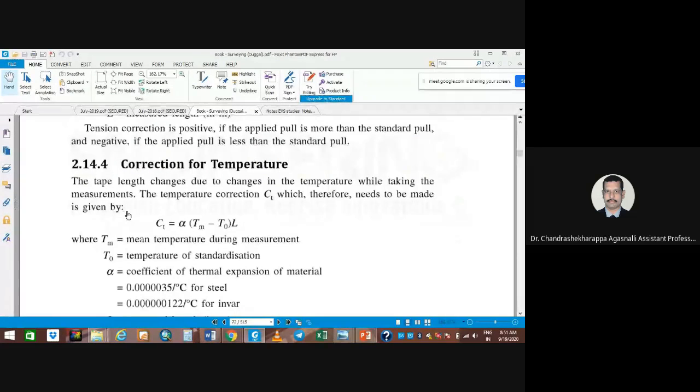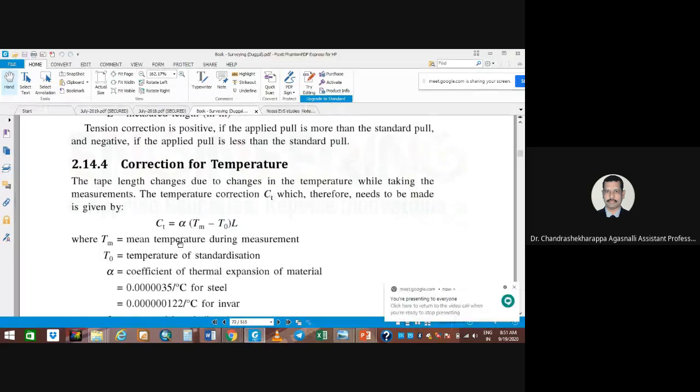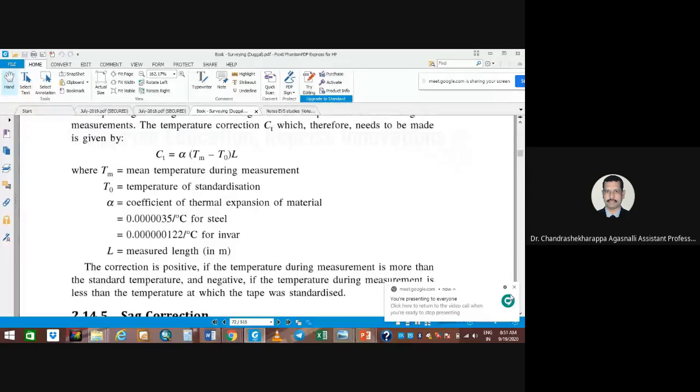But when you are using other tapes, the tape stretches. The temperature correction is C1, which is alpha times (Tm minus T0) multiplied by L. Tm is the mean temperature during the measurement, T0 is the standard temperature, and alpha is the coefficient of thermal expansion of the material.